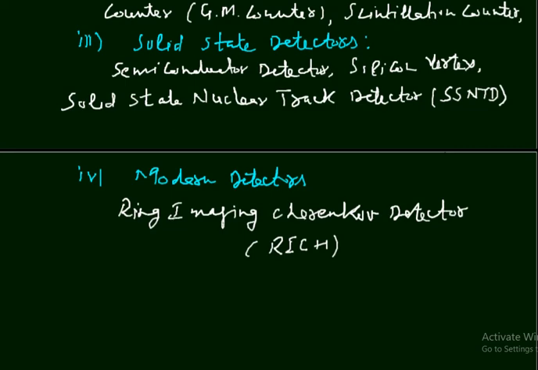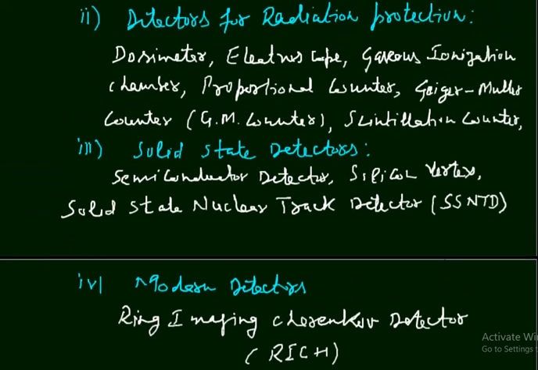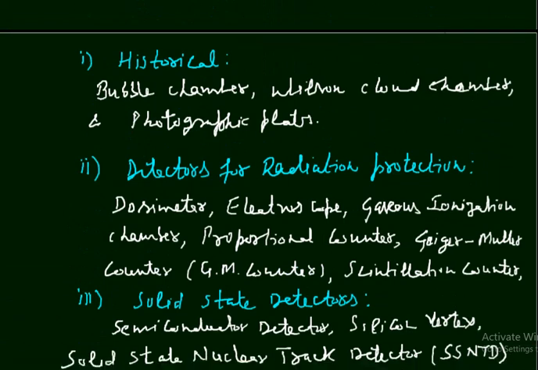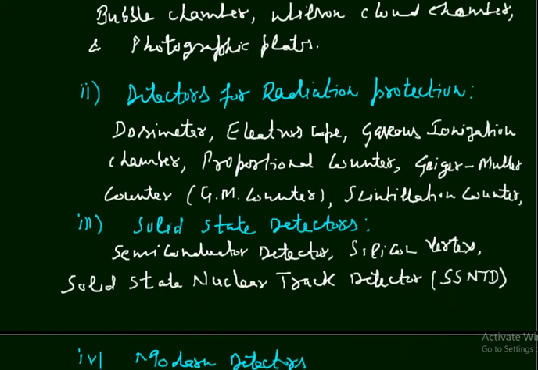In part 2 and in the coming parts, we will study some of these detectors like the gaseous ionization chamber, proportional counter, GM counter, scintillation counter, and semiconductor detector.